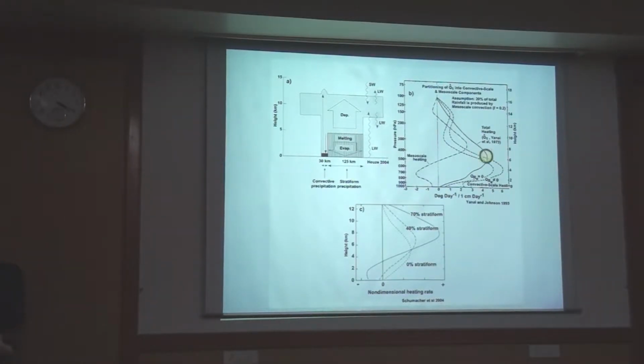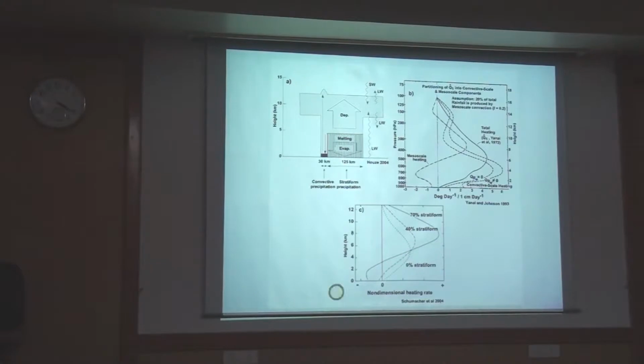The total heating is the solid line. The convective heating with or without radiative effects is this dashed line, and you can see it really peaks at 4 or 5 kilometers. And then the heating part from the stratiform part is positive in the upper troposphere and negative in the lower troposphere. So if you add this one and that one together, you get this total one.